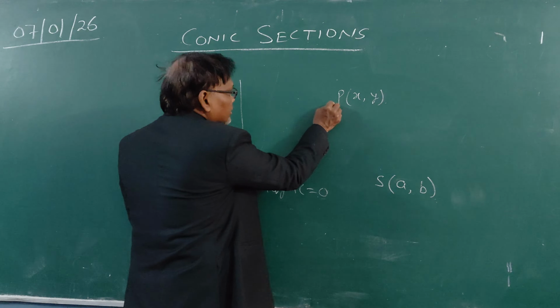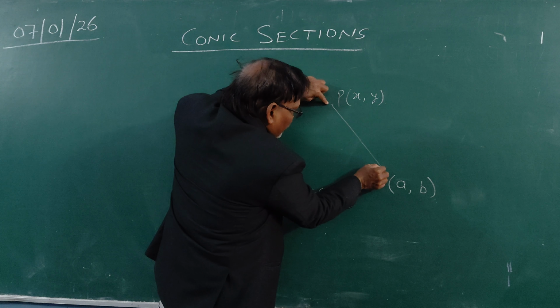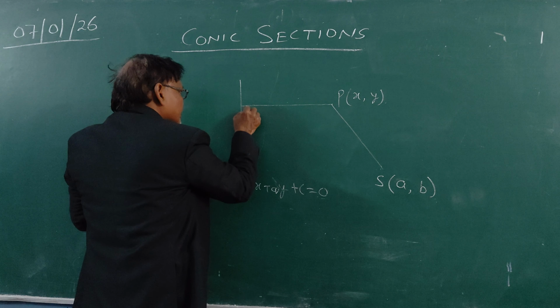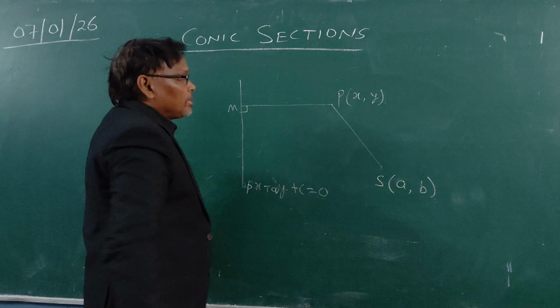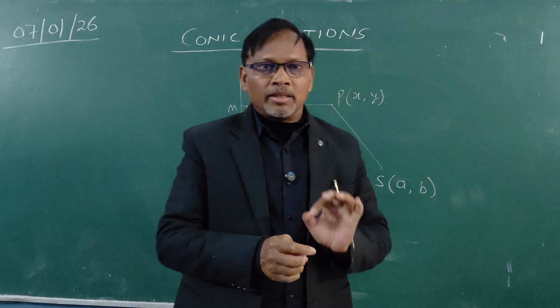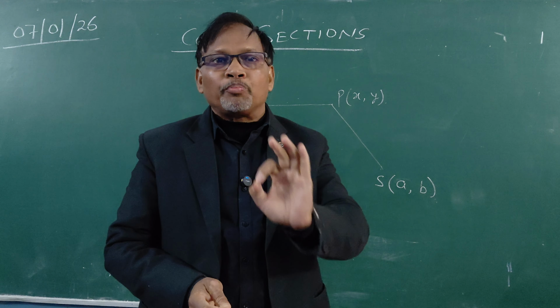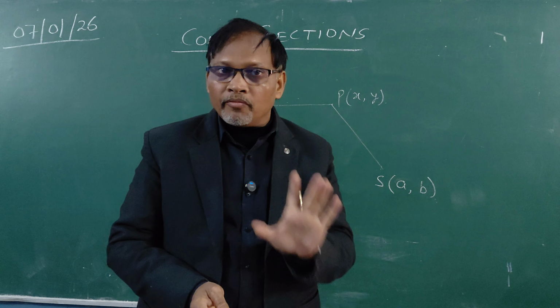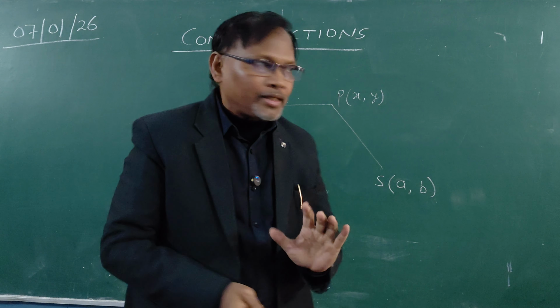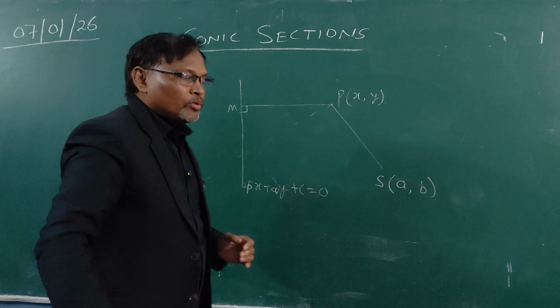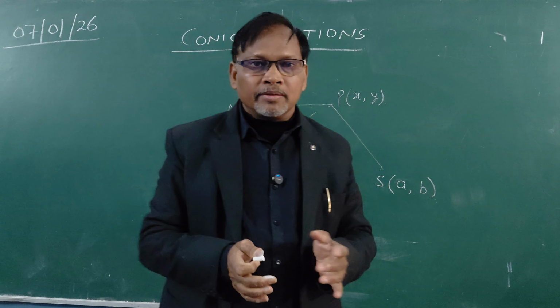If you take the distance from the movable point to the fixed point, and from the movable point to the line, that is PM. When you get the distance from a point to a line, it is always perpendicular. You cannot take it any other way, because those are infinite distances.